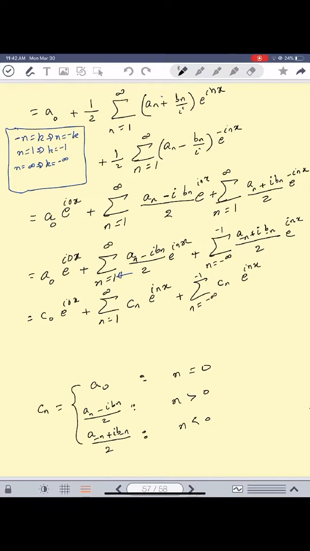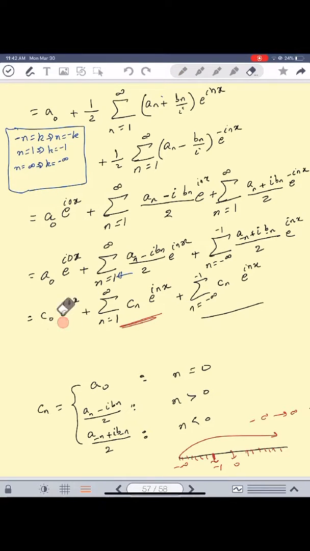So now what do you have? You have the sum from negative infinity to negative 1. So just imagine you have the real line. You're adding all numbers from negative infinity up to negative 1. Then you're adding the 0 term. Then you're adding all terms from 1 to infinity. So basically it's like adding all numbers from negative infinity to infinity, right? So this is what we want to write.